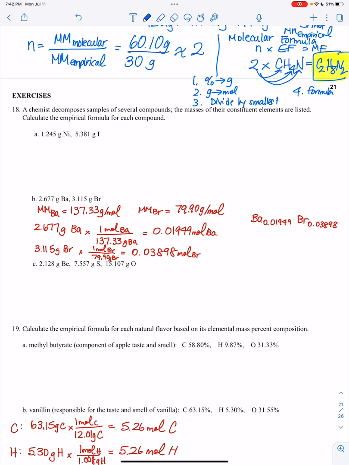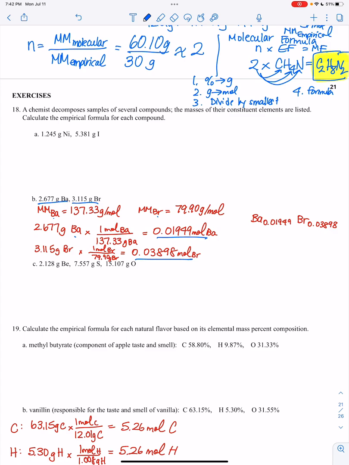So I did most of the steps for letter B here, and I kind of helped you out. The molar mass of barium is 137.33. The molar mass of bromine is 79.90. I have 2.677 grams of barium, 3.115 grams of bromine. Convert those to moles, boom, I got my moles. And then I write my pseudo formula here.